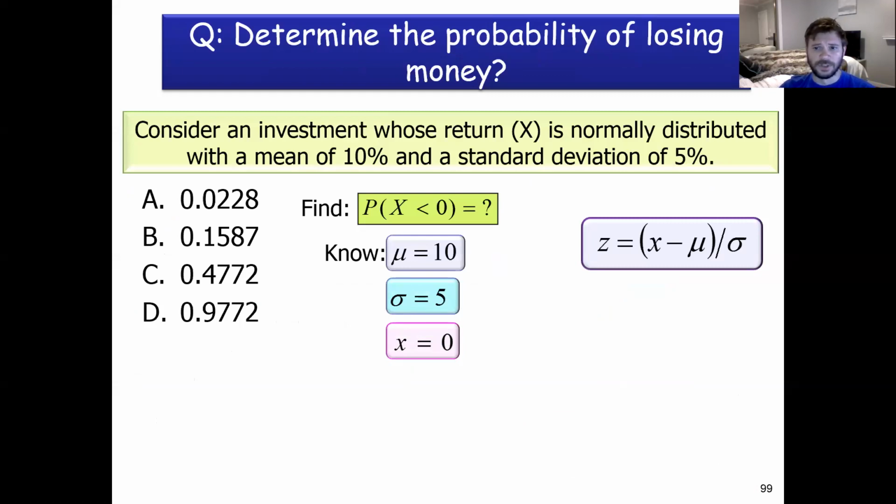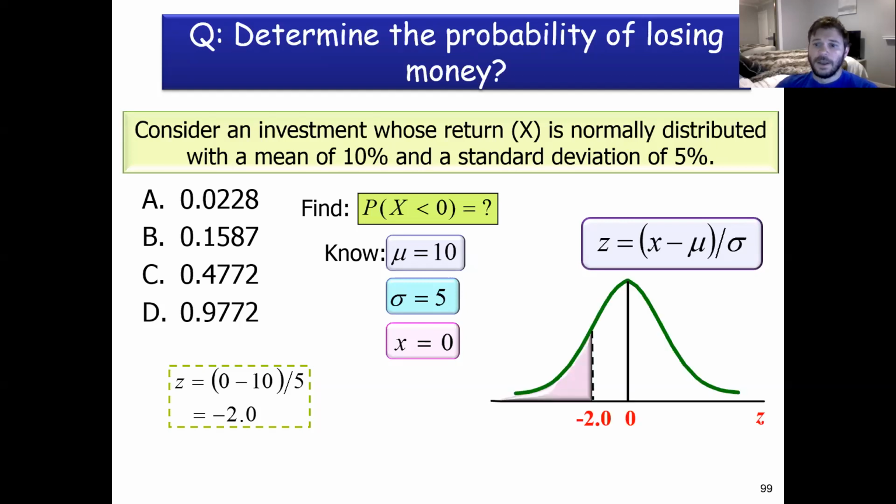So first thing we have to do is convert our x value into a z value. So I take 0 minus 10 divided by 5. I get a z-score, 2 standard deviations to the left of the mean. Okay, and again, we're going to use the table value associated with the z-score of 2. That'll give us the area of that white region right here.